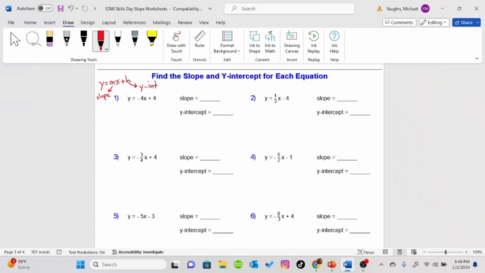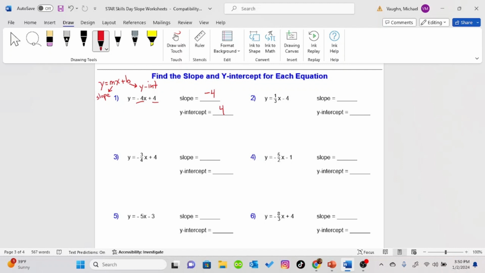So as we go through, the number and sign in front of the x will always be your slope. So here I have a slope of -4. The number that's by itself will be my y-intercept, in this case 4.